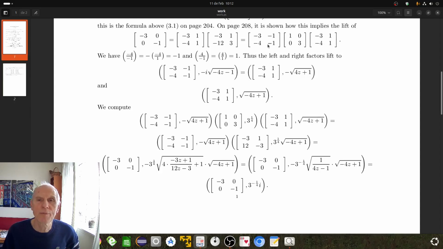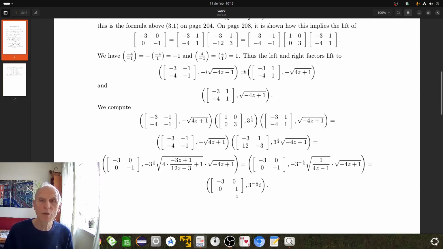So it's epsilon minus 1, which is the imaginary unit, so it's minus I square root minus 4z minus 1. And this is in minus h, so the square root is in the fourth quadrant. Then it's moved to the second quadrant, and this is as well. And this guy is easy.